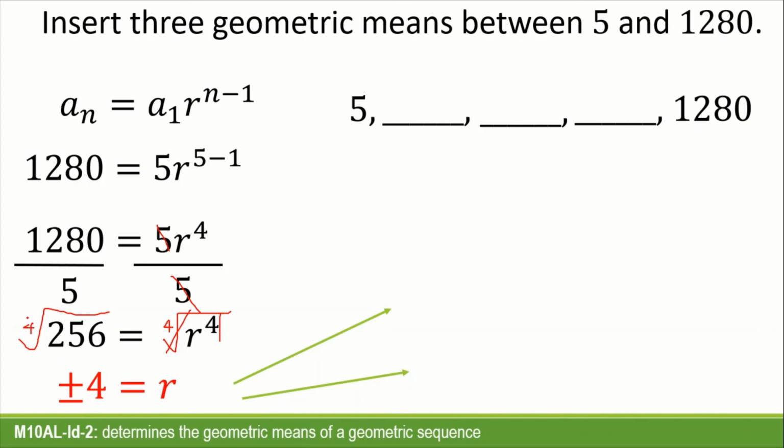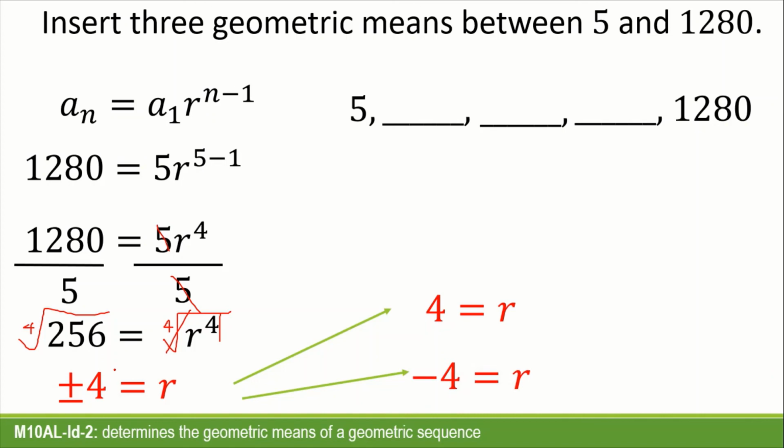Tandaan po, kapag even ang index natin, dalawa ang roots niya. It's either positive or negative. So, since ang index natin dito ay 4, and 4 is an even number, kaya ang root natin ay positive, negative. So, dalawa ang common ratio natin. Pwedeng positive 4 and pwedeng negative 4.